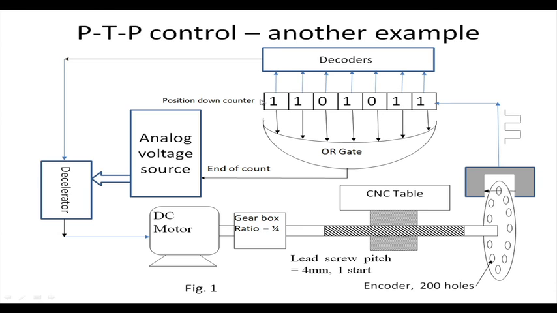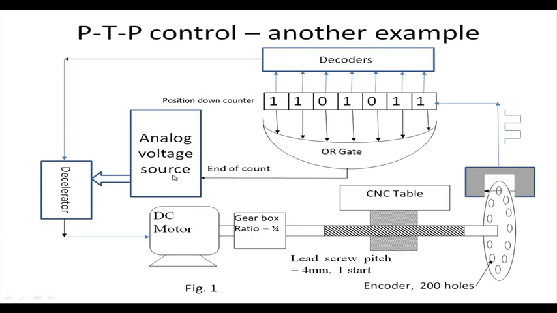So, these pulses are feedback pulses which are incident on the clock input of the position down counter here. So, I put a certain number here. These numbers get down counted by these pulses coming from the feedback, and until and unless this number becomes 0 by this counting down, once again the OR gate sends out a high value or a value of 1, which keeps the analog voltage source on.